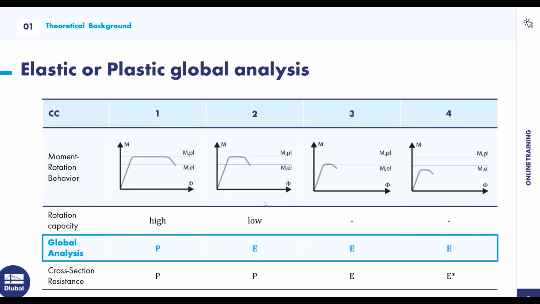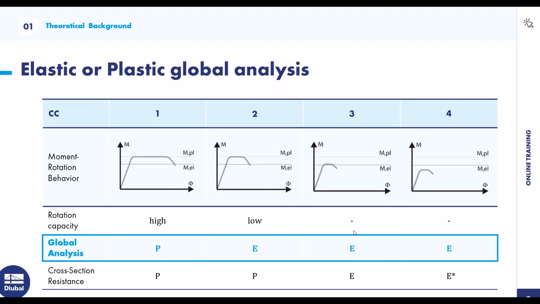Cross-section class 2 has a low rotation capacity, which allows an elastic structure calculation. And as with cross-section class 1, the cross-sectional resistance can also be applied plastically. So the first and second cross-section classes are those where you can consider a plastic cross-section resistance.